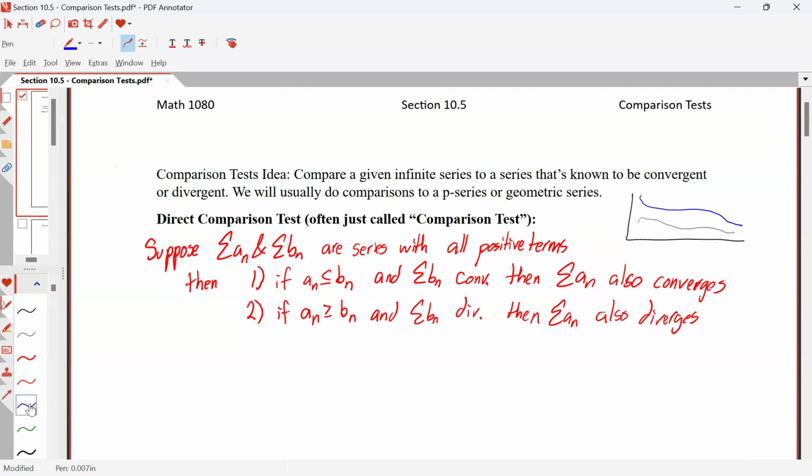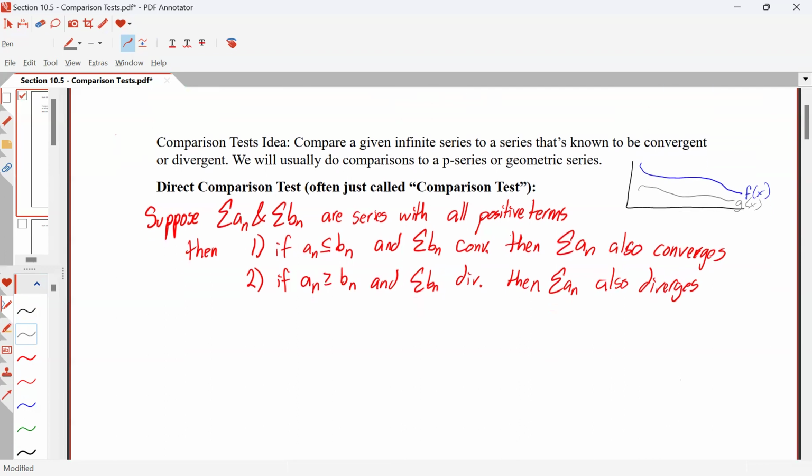If I had f of x being my bigger function and g of x being my smaller function, and I knew the smaller function integral diverged, then the bigger integral also had to diverge. So if we have a small thing diverging, then the big thing also diverges. If the big thing converges, the small thing also converges.